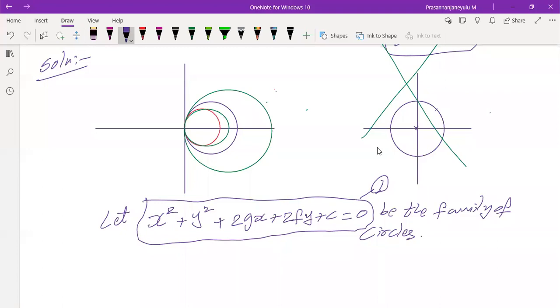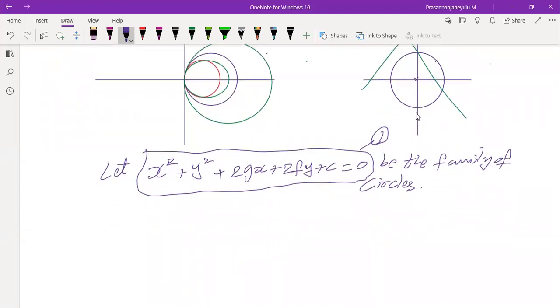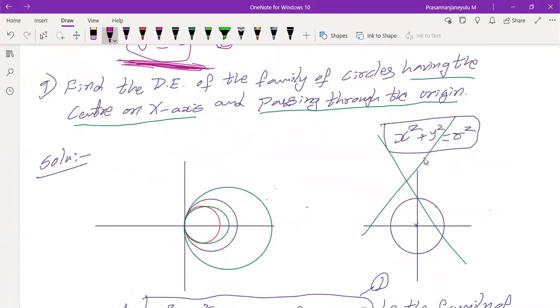Now in this, what is the center of the circle? The center is minus g comma minus f. Now tell me, the center is on which axis as mentioned in the problem? X-axis. If the center is on the x-axis, what is the y value? 0.